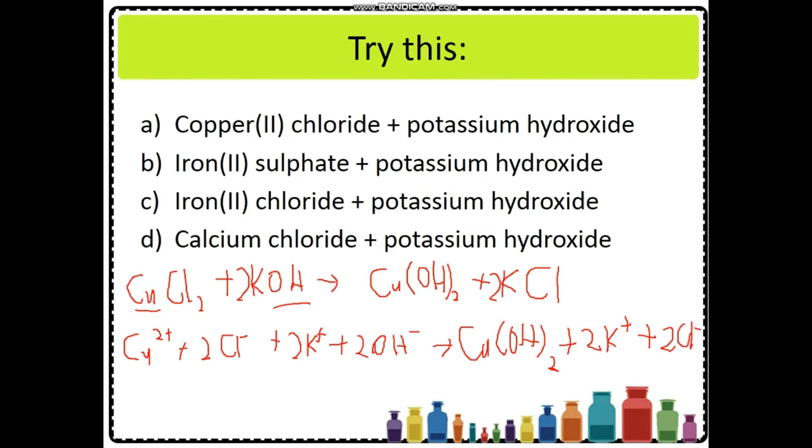Now we determine the spectator ions: 2Cl negative and 2K plus.